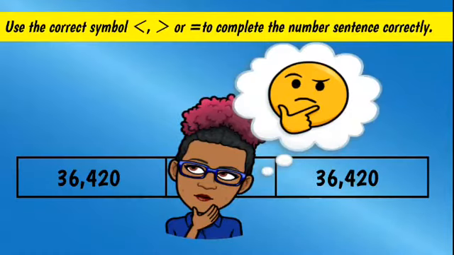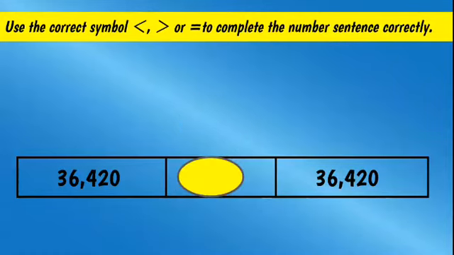Another example. Use the correct symbol, less than, greater than, or equal to, to compare the numbers correctly. So our numbers, 36,420, is it less than, greater than, or equal to 36,420?